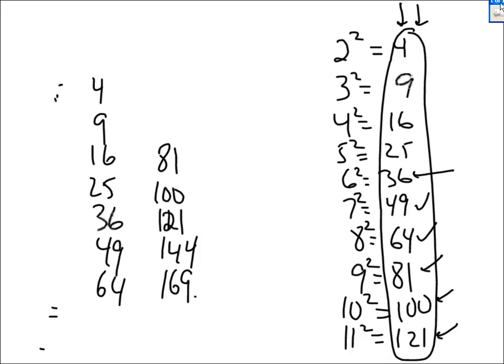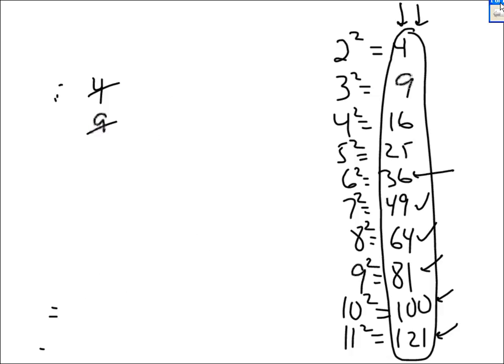I wouldn't have been able to write it any faster if I actually memorized those 12 numbers. But I just know 2 squared and 3 squared and 4 squared like I know my name. In fact, it's kind of quicker.